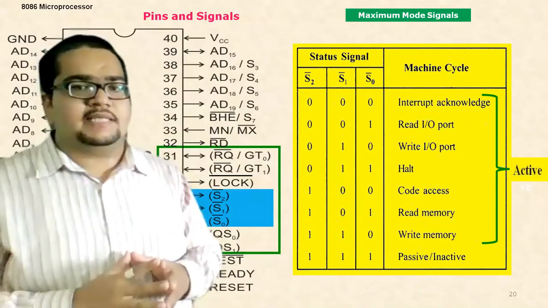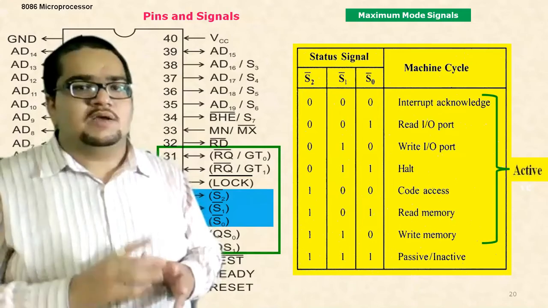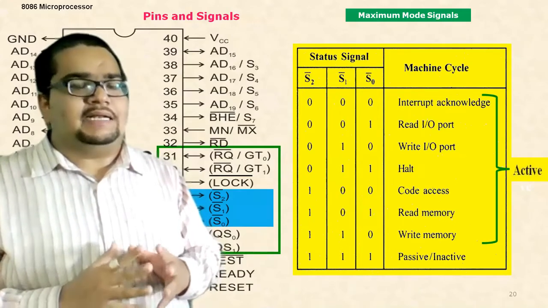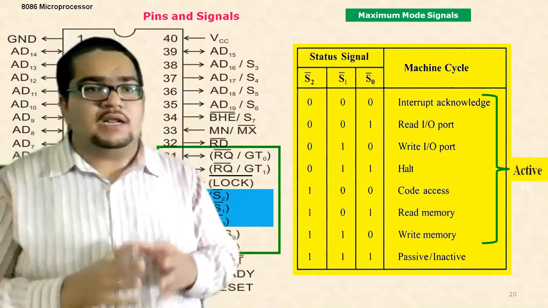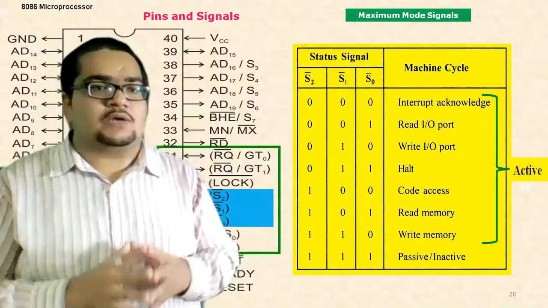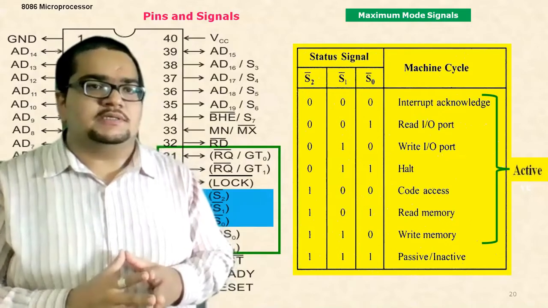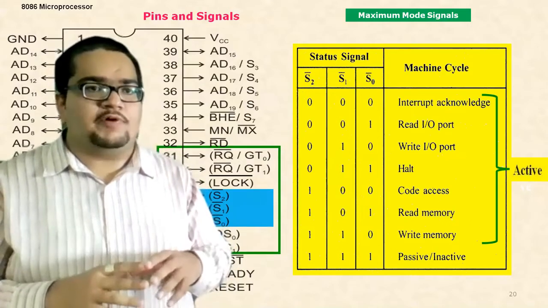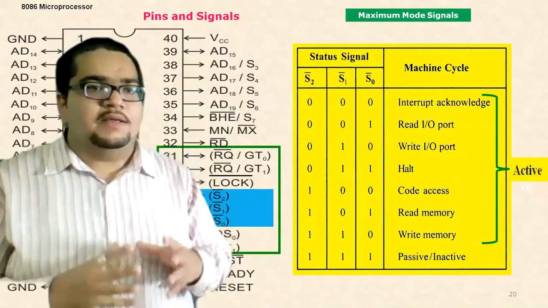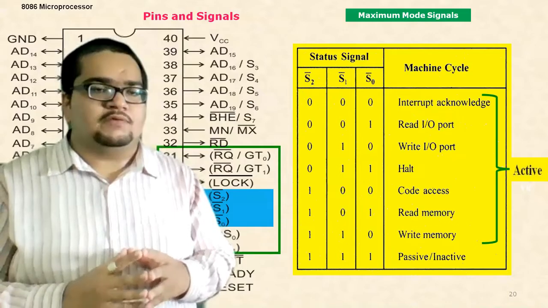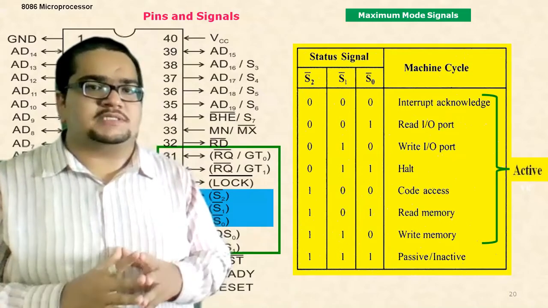Now another one is there below the halt, that is 100. The 100 combination of status lines indicates that the processor wants to access the code, that means program instructions. It is a type of memory read operation only, but specifically it will read the code segment of the memory where the program instructions are stored.